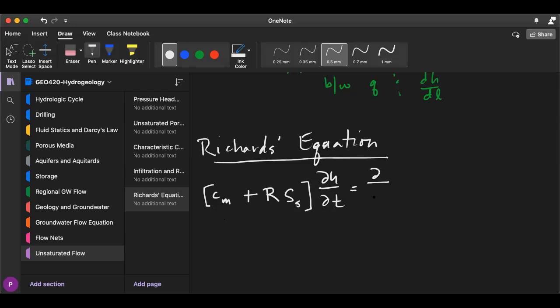Then we get over to our spatial derivative. So here d dx. And now this is where the main difference is. Kr times kx dh dx. And this doesn't have to be a square bracket. It can be a regular one. Doesn't really matter.